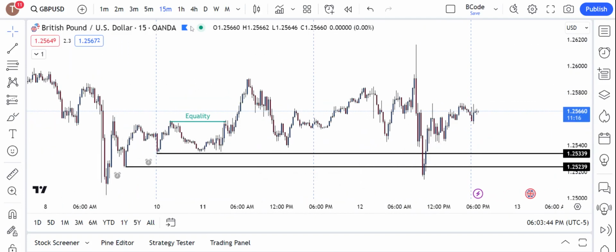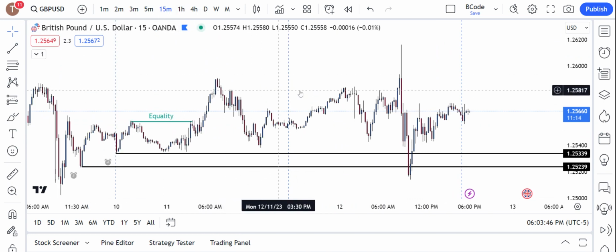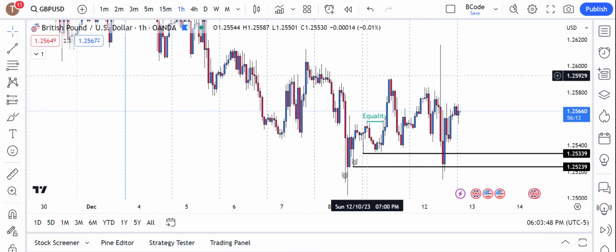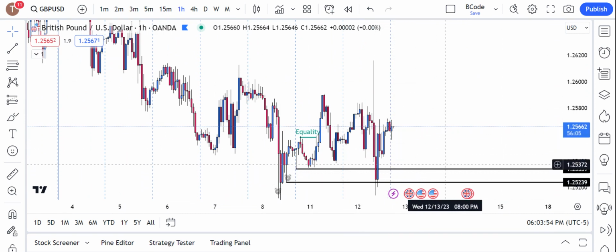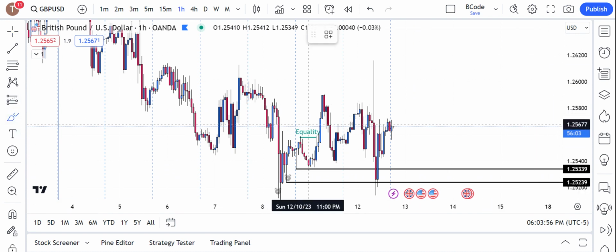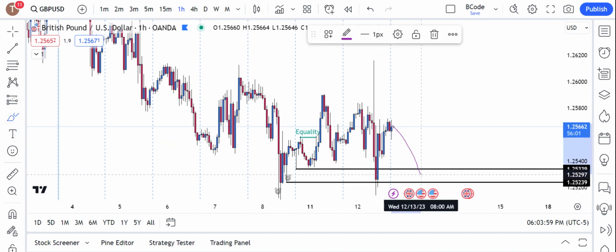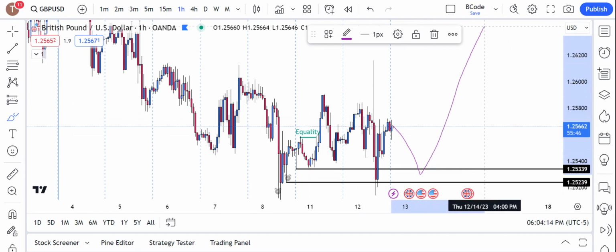All right. So for GU, what I would like to see, going back to the 1 hour chart, since we already had our sales for the week, is price come down possibly one more time, do one of these here, price to come and liquidate any previous PD arrays, any higher time frame PD arrays, whether it be fair value gaps that we don't see, any old highs, old lows, anything like that, and continue to buy up.